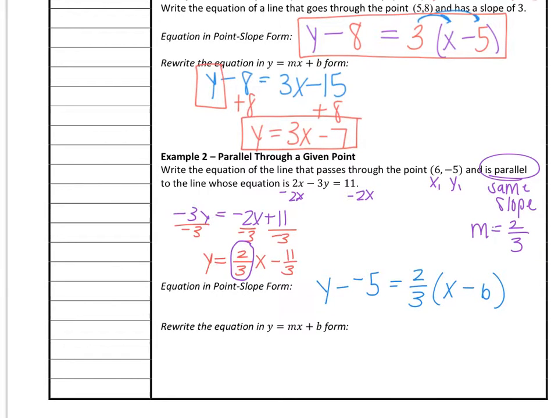You'll notice that we have this nasty double negative there. A double negative, as you know, turns to positive. So we rewrite it as y plus 5 equals 2/3 times x minus 6.